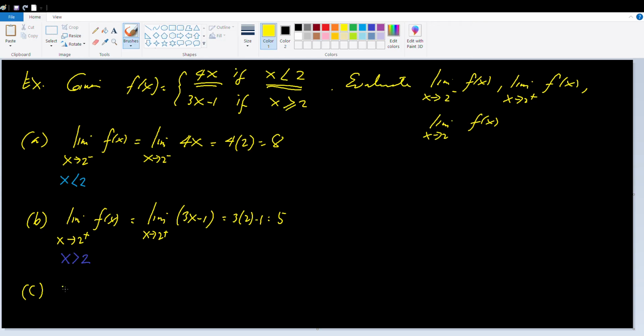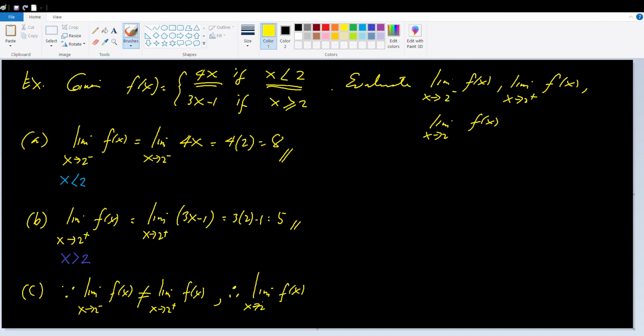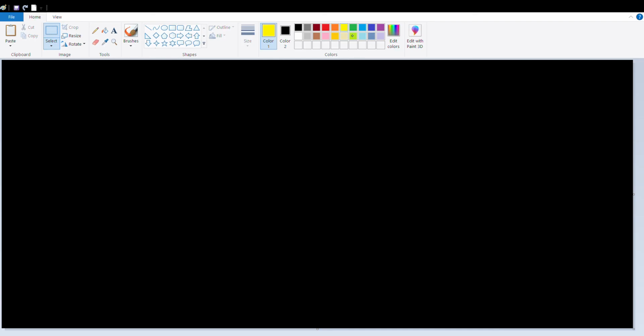We state here, since the limit of f of x as x approaches 2 from the left is not equal to, obviously they are not equal, 8 and 5, not equal to the limit of f of x as x approaches 2 from the right, our conclusion is that, therefore, the limit of f of x as x approaches 2 from either side does not exist. Okay? So let us have another one.